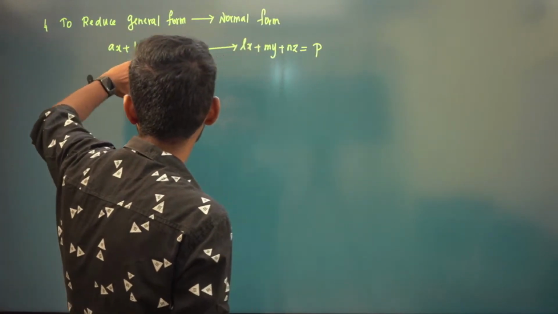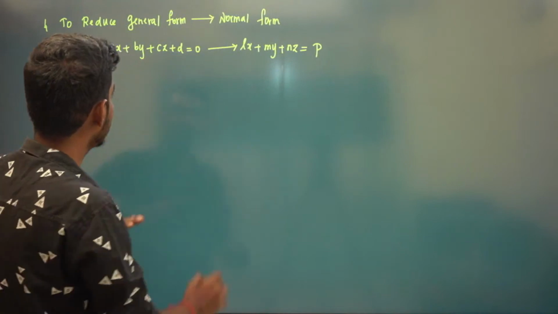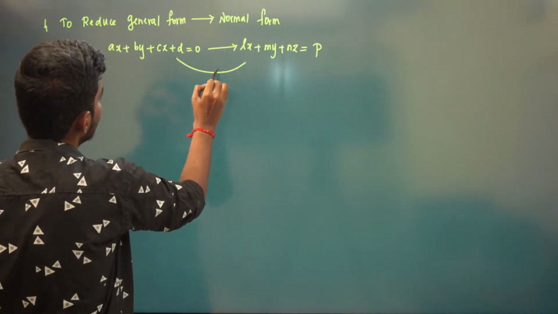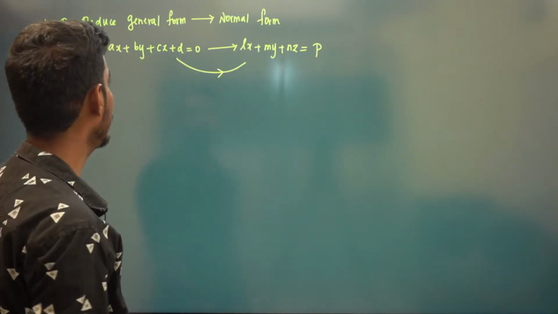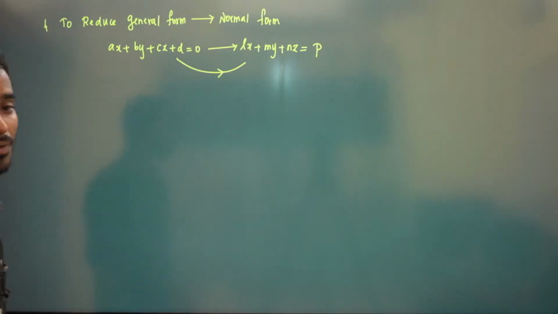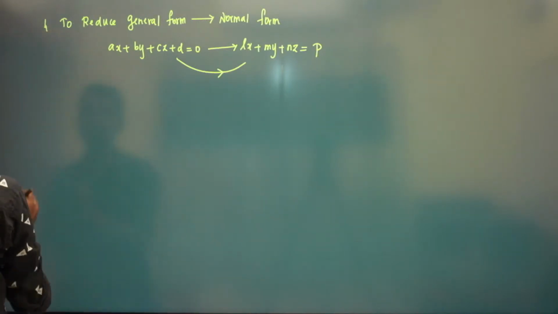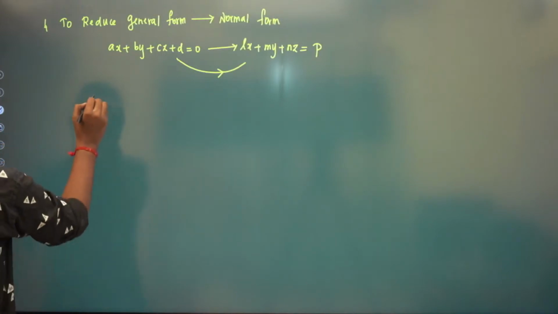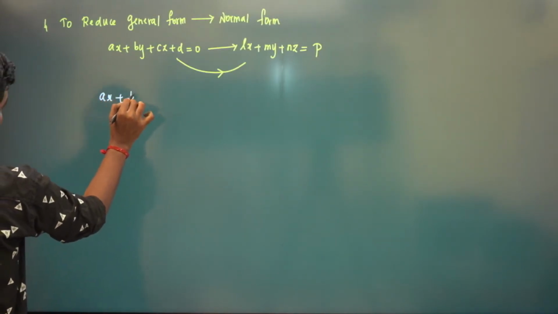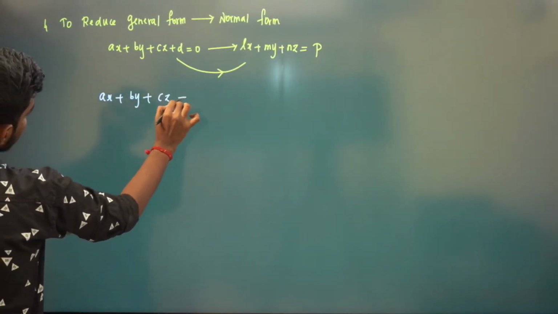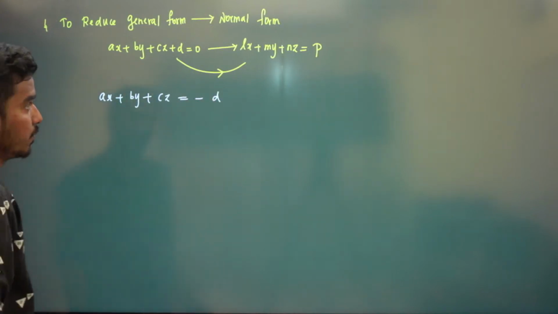So to reduce general equation, that is from general we need to convert to normal form. How will you do it? What you have to do? Very simple, right? So from this we have ax plus by plus cz is equal to minus d, right?